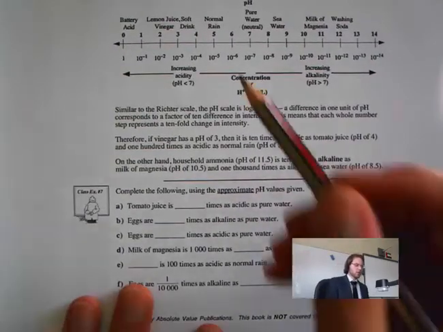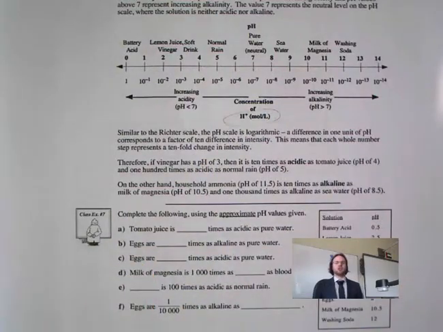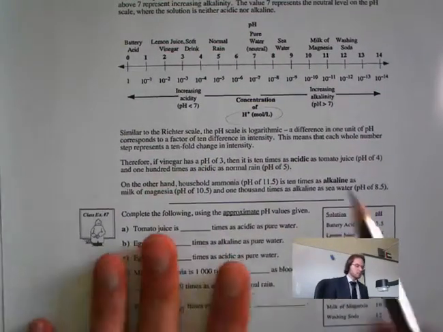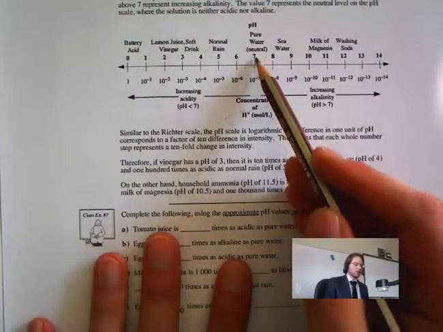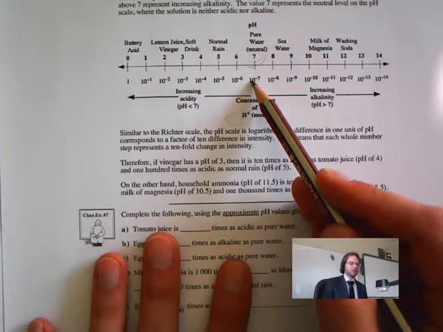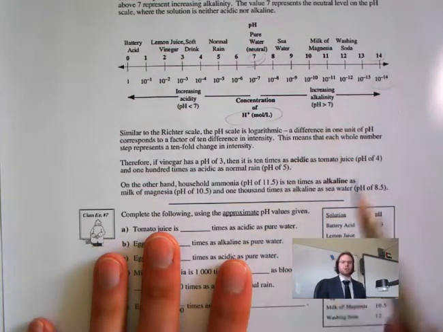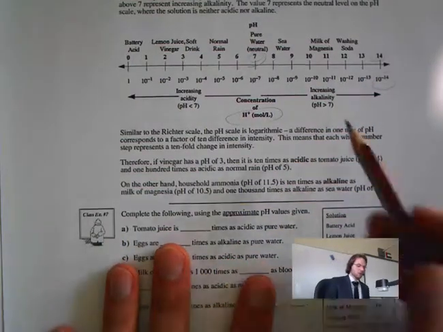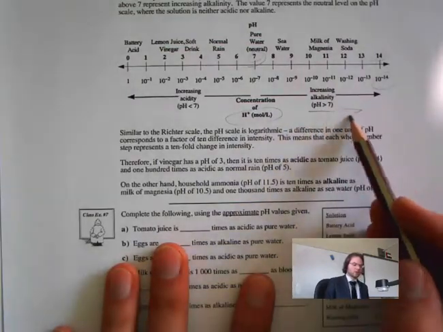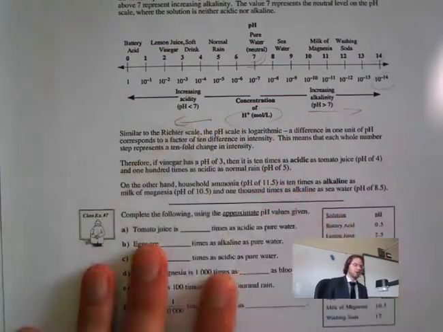Okay, so as we go here, it has our pH scale and our concentration of hydrogen. If we notice, the water is 10 to the negative 7. The pH is 7, that is 10 to the negative 7. When the pH is 14, that's 10 to the negative 14. So right here, we are increasing our alkalinity, and here we are increasing our acidity.